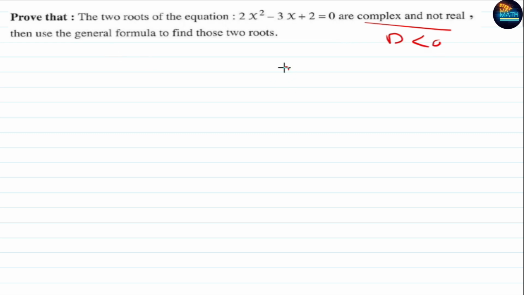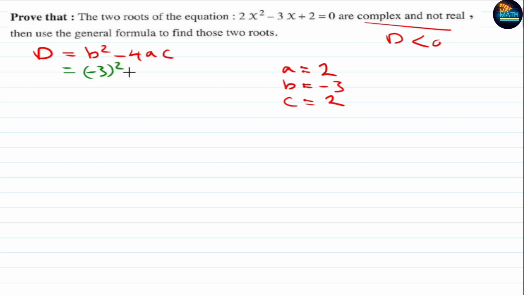So here a is equal to the coefficient of x squared, which is 2, and b is equal to the coefficient of x, which is negative 3, and then c is equal to 2. Let's plug these into the formula of the discriminant. The discriminant D is equal to b squared minus 4ac. So negative 3 squared minus 4 times a, which is 2, times c, which is 2 also.